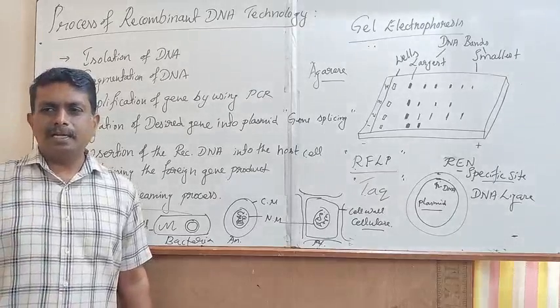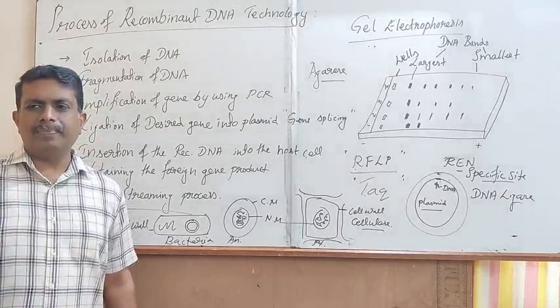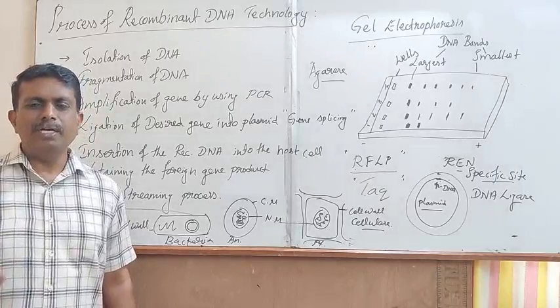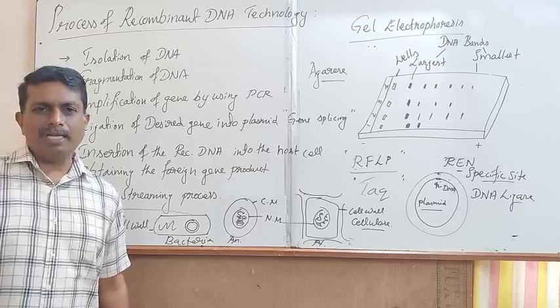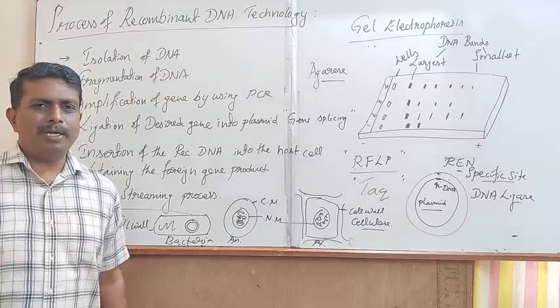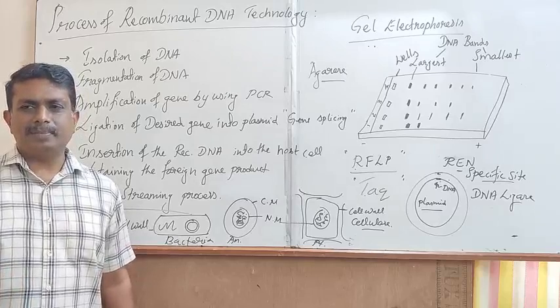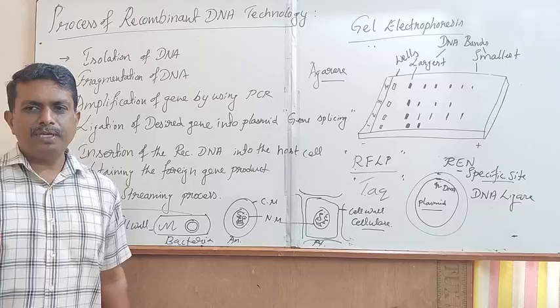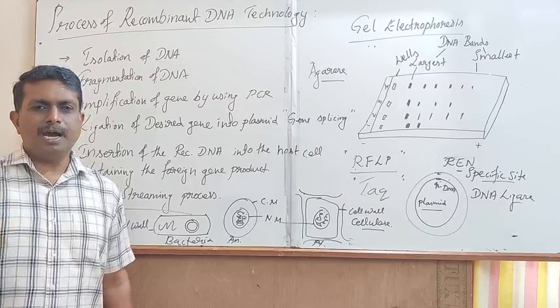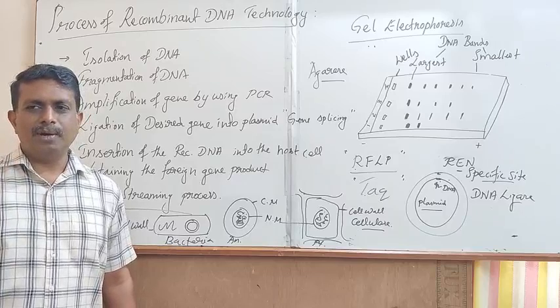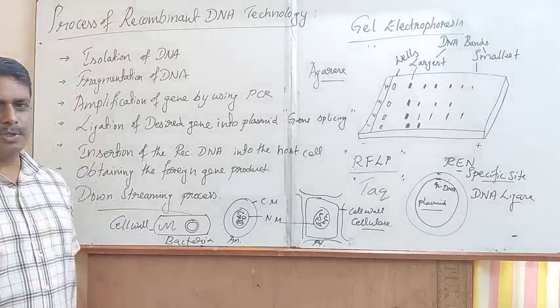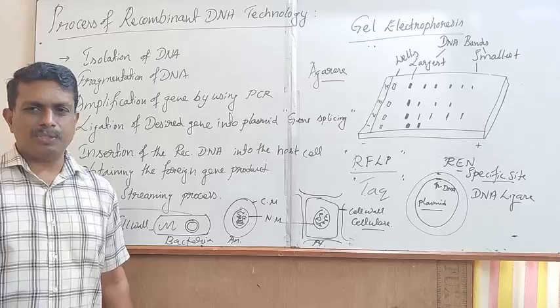Later, the culture is used for the extraction of desired proteins, vaccines, or other human beneficial components. Later, it is subjected to purification, separation, and marketing by making use of downstream processing.